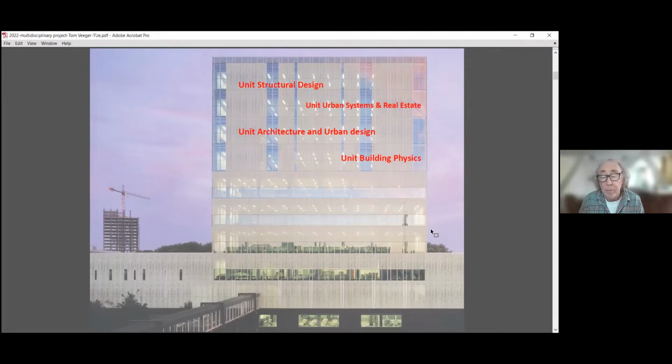Unit of architecture, which I'm part of, has the most students, and we need to improve the amount of research and also research money that needs to come into our department. And the unit of building physics has almost the least number of students and has the most PhDs, quite a lot coming from China, and is making most of the research money in our department.